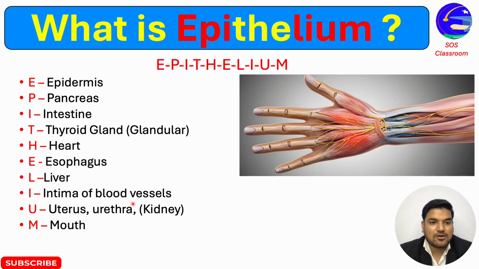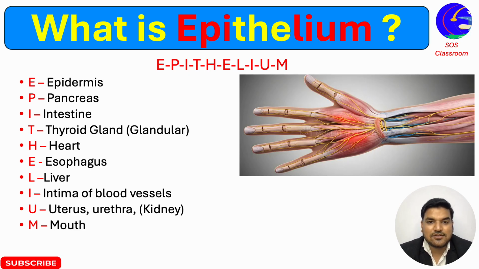I for intima of blood vessels. It means this tissue is present in the vessels. U for uterus, urethra and kidney. So this tissue is also present in the uterus, the urethra and the kidney. And M for mouth. It means this tissue is also present in the lining of the mouth, esophagus, stomach and intestines.